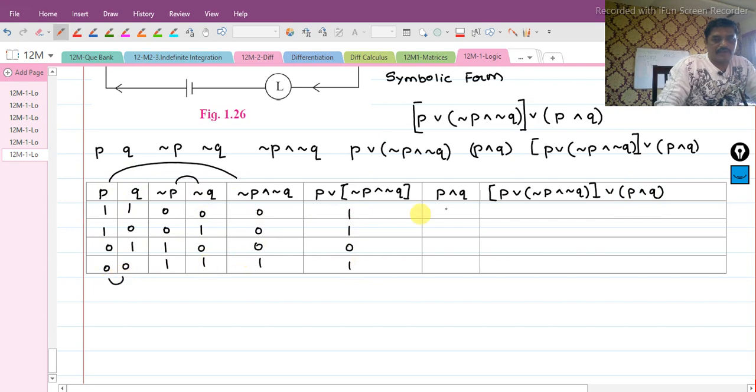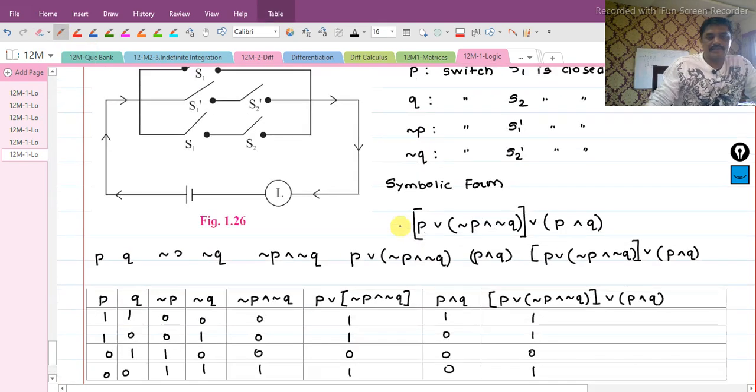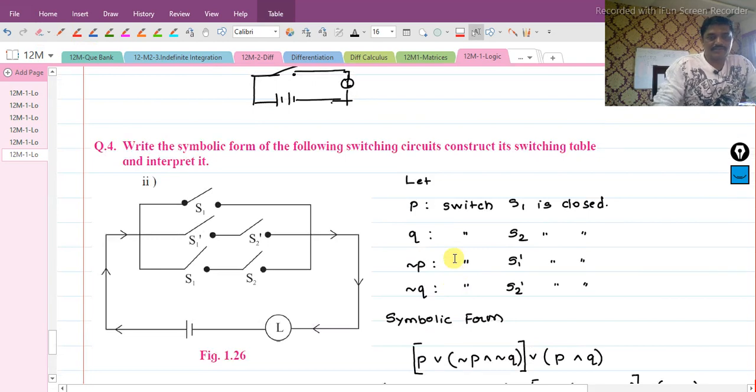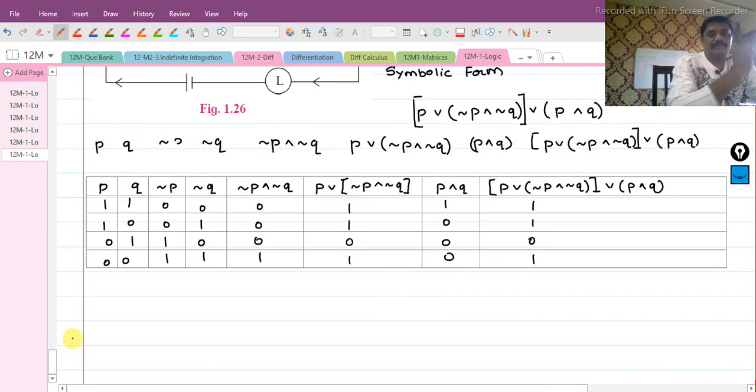Ending of these two, this is 1 0 0 0. Oring of these two, 1 1 0 1. चलिए इनपुट आउटपुट टेबल हो गया. अब मुझे चाहिए इंटरप्रेट द रिजल्ट. यू हैव टू इंटरप्रेट इट. क्या इंटरप्रेट करोगे? हाउ डू वी इंटरप्रेट?